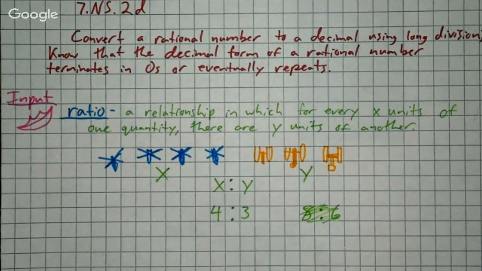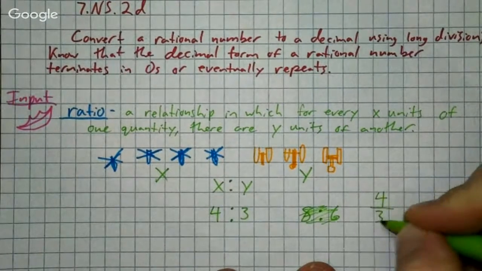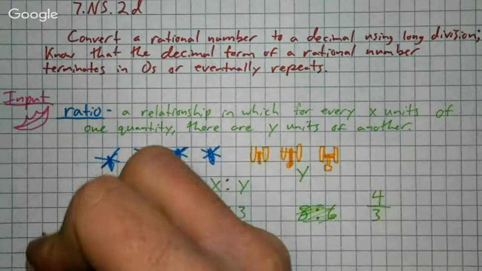So that's just a ratio. It basically tells you what the relationship is. And you can always show a ratio by putting it as a fraction. So 4/3, 4 over 3, 4 of the x-wings over 3 y-wings. You've probably seen that before, so it's a good thing to remember. You will be needing that, especially on our guided practice today. Okay, and our next one is going to be a repeating decimal.